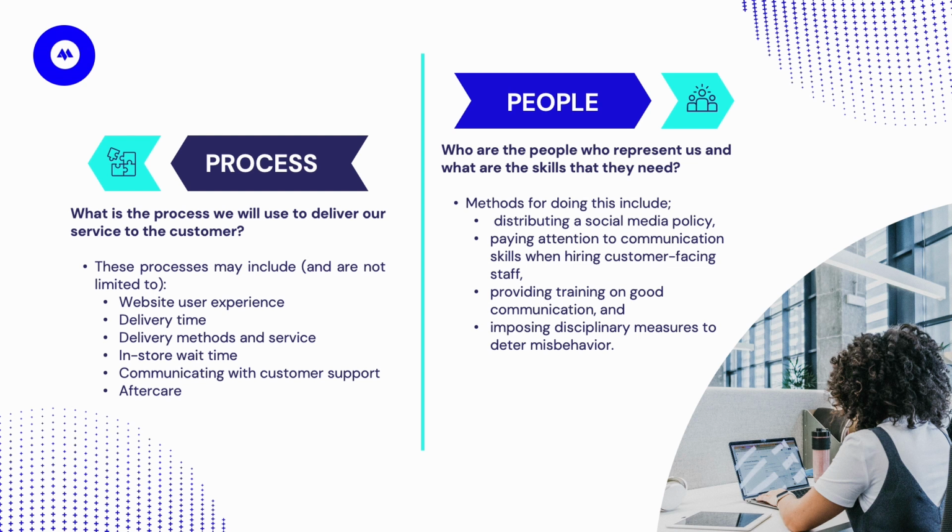So these processes may include website user experience, delivery time, delivery methods and services, in-store wait time, communicating with customer support, and aftercare. And that's why earlier on I said when you talk about process, it's more about putting together a system which could work with technology or not, but it's more about processes and procedures.